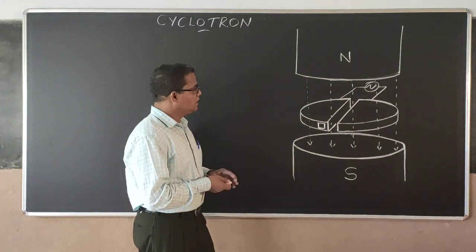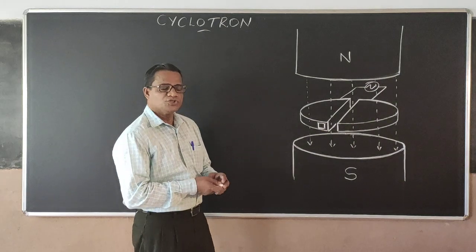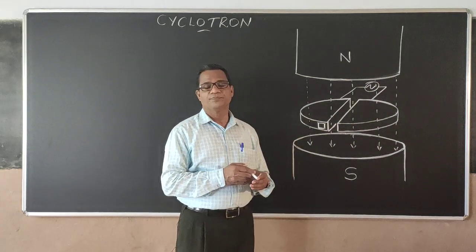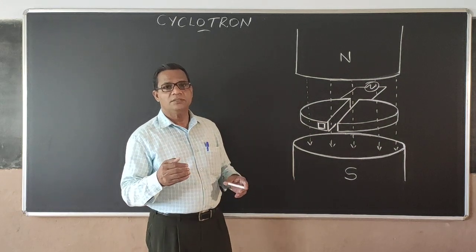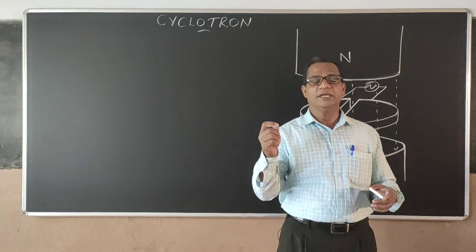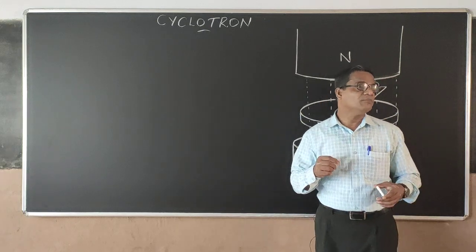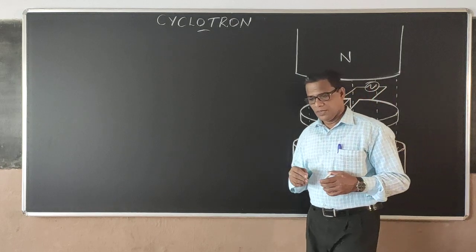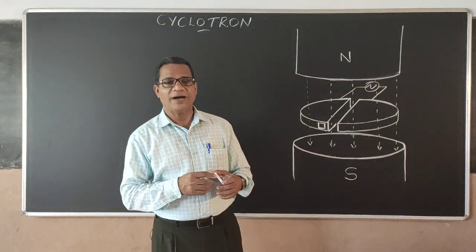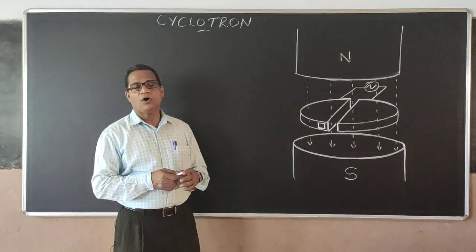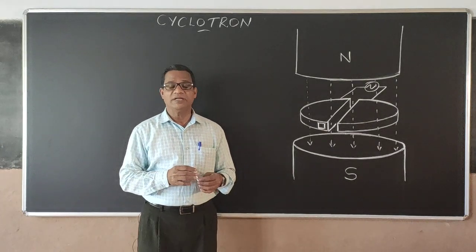And why this is called cyclotron is because in this particular case, the particle is accelerated by making it move in cyclic paths. Okay? And this was devised by Lawrence and Livingston.